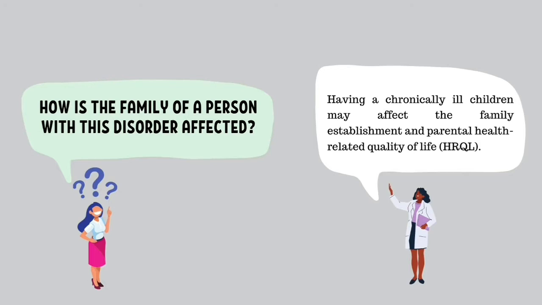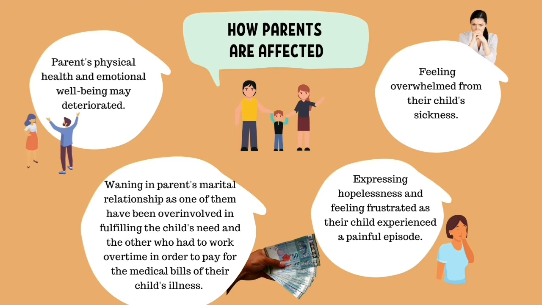The next question is, how is the family of a person with this disorder affected? Having a chronically ill child may affect the family establishment and parental health-related quality of life. First point is how parents are affected.